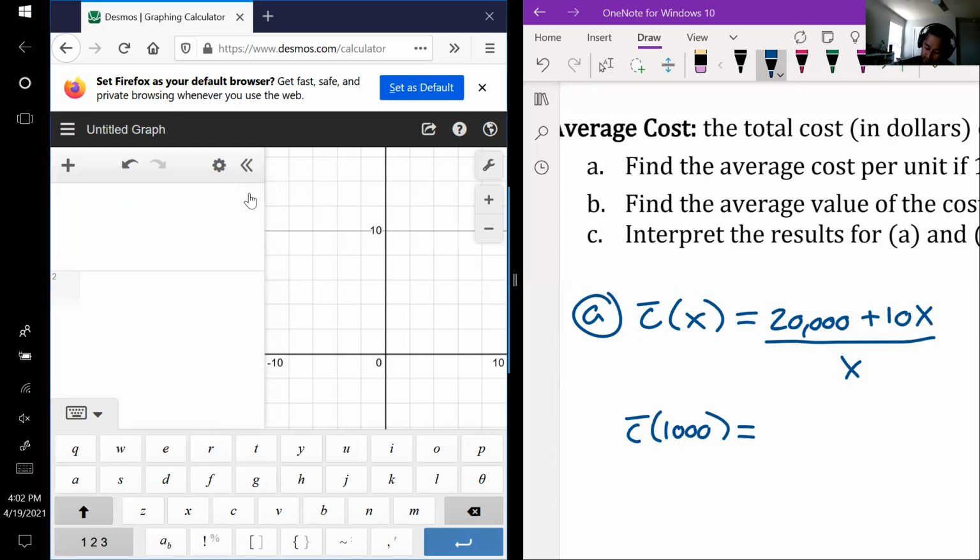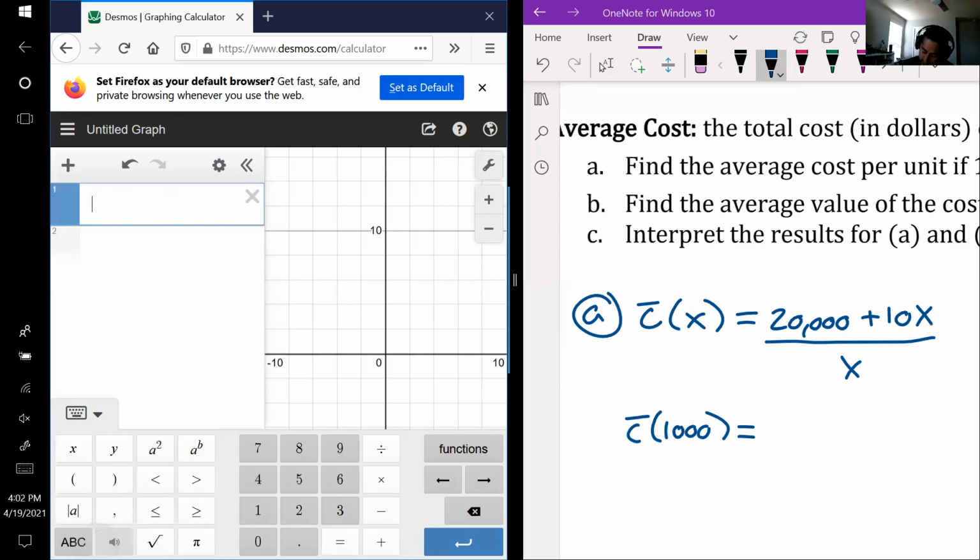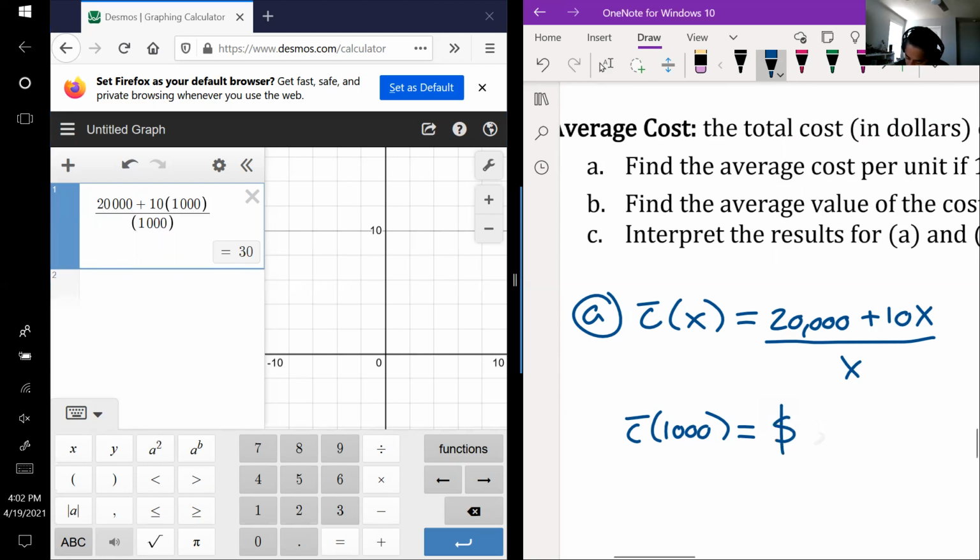And I got Desmos up. So lucky us. Plug in 1,000, I get 20,000 plus 10 times 1,000 all over 1,000. And we get $30.